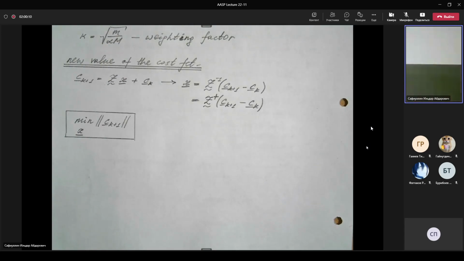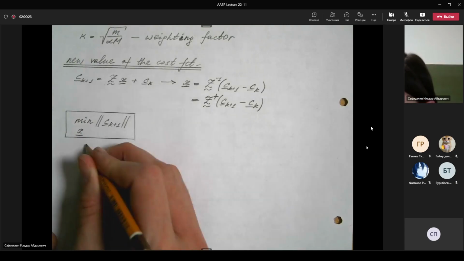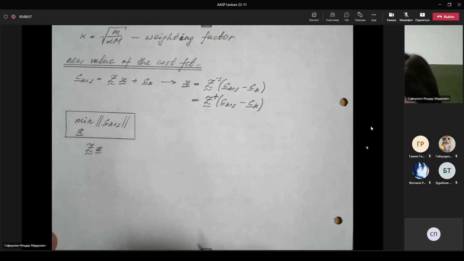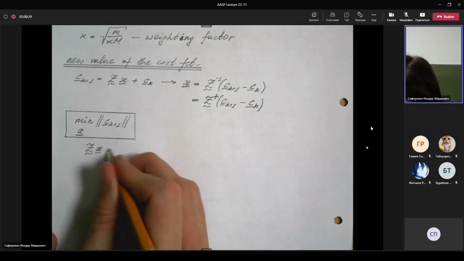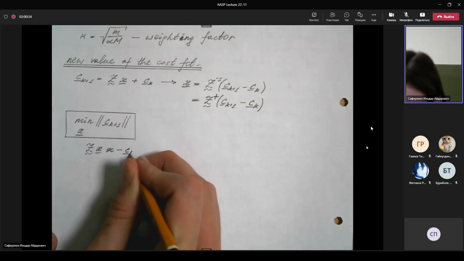In this case, if c sub k plus 1 goes to 0, we can say that z times x is approximately equal to minus c sub k.